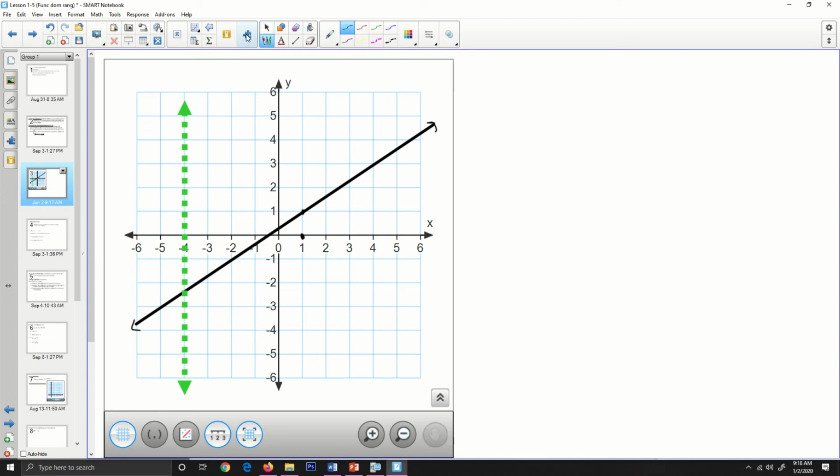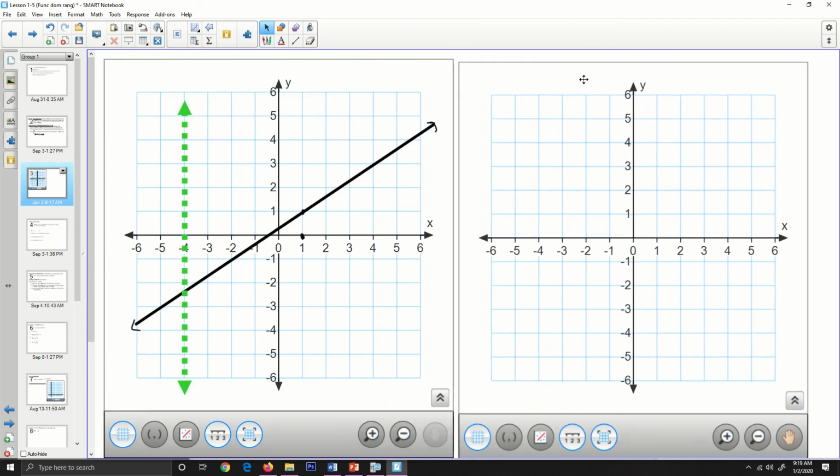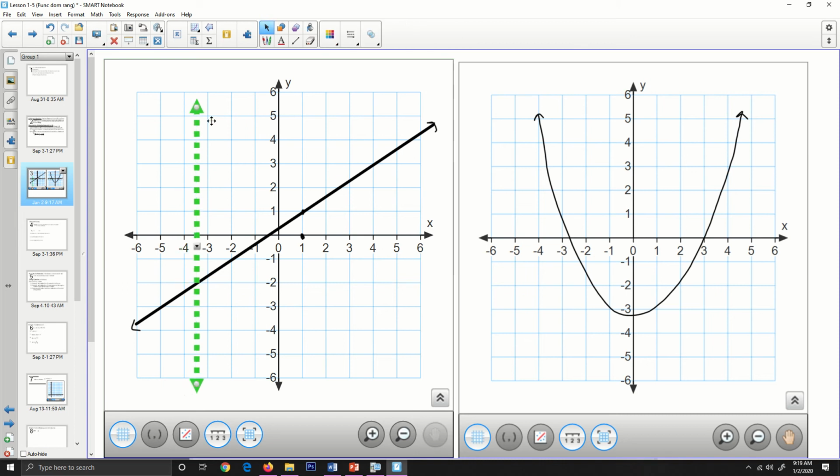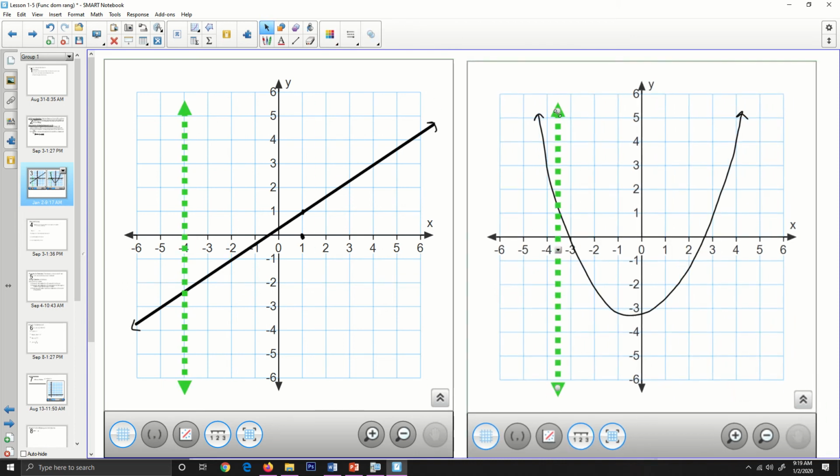Now, if I were to make another graph here and draw a parabola in here. A parabola is also an example of a function because it does in fact pass the vertical line test. But there are values for y that have two x's.